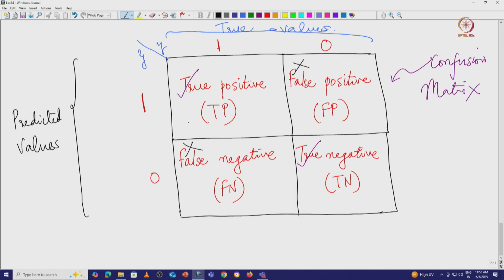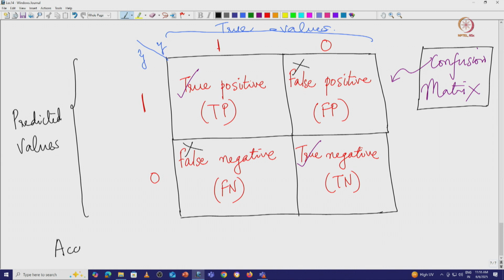So, we need to develop a more quantitative metric to assess the accuracy of a classification model. This is a qualitative picture; although you have numbers, you are not able to assign metrics. So, let us see how we can assign metrics. One naive way to do it is to just look at what is called the accuracy.